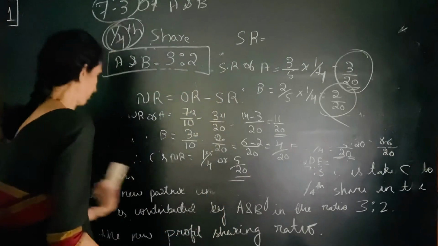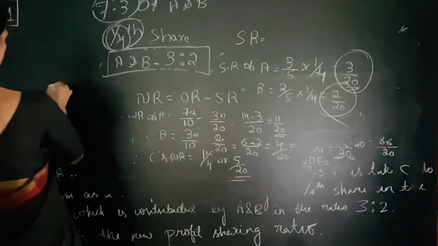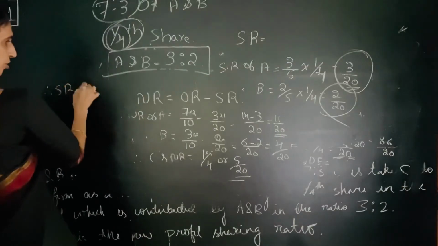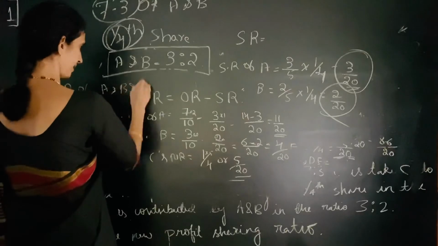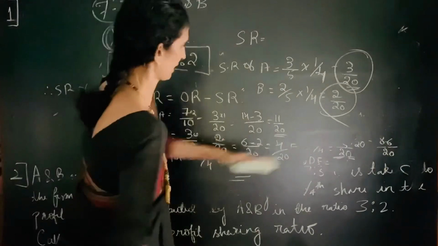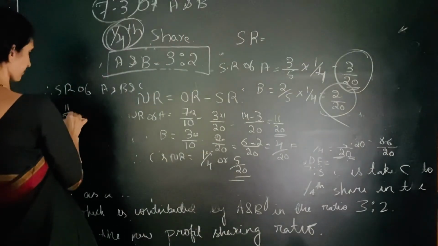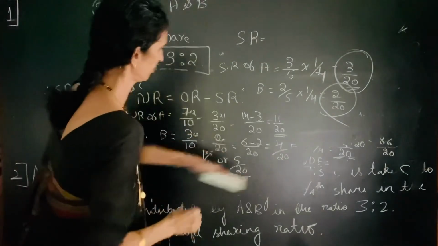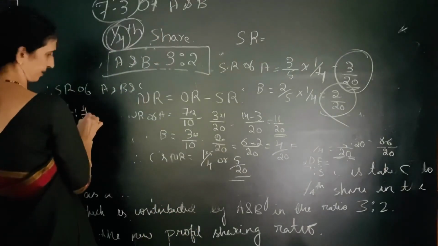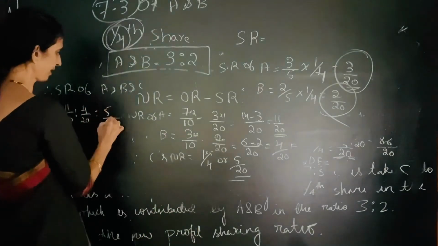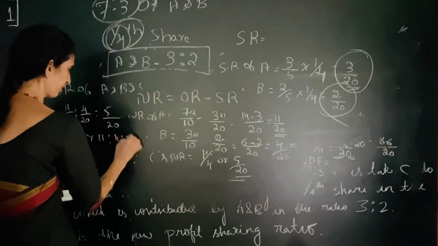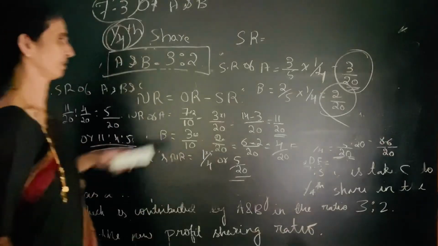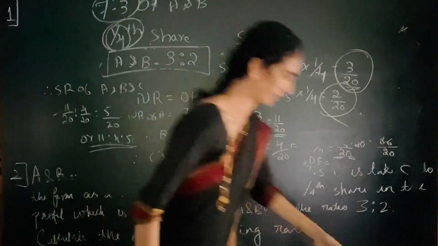Therefore the new ratio of A, B and C is equal to 11 by 20 is to 4 by 20 is to 5 by 20, or it is 11 is to 4 is to 5. So this is the second type of ratio.